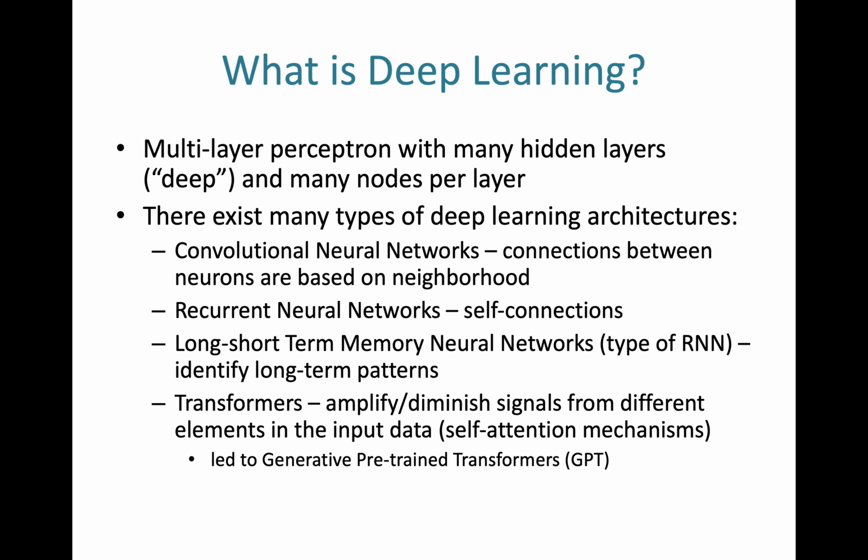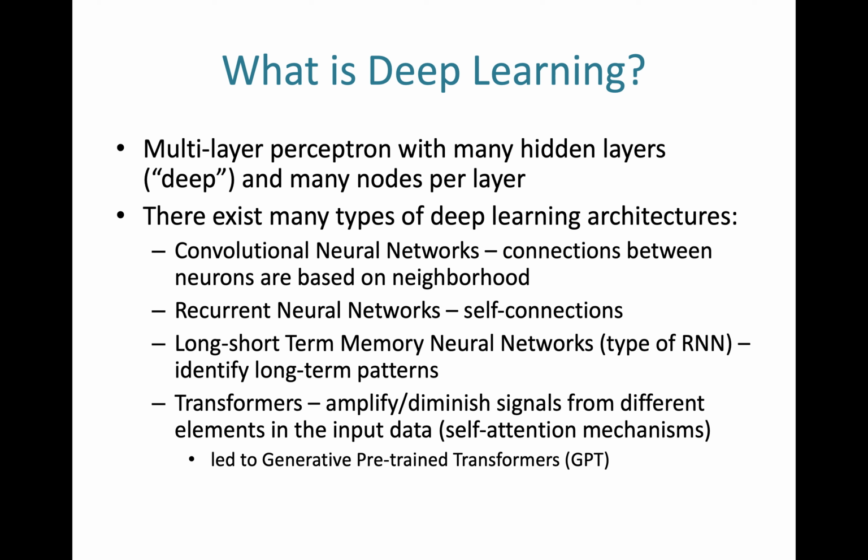Now let me finalize the multi-layer perceptron section by talking a little bit about deep learning. Deep learning is nothing else than multi-layer perceptrons that have a lot of layers with a lot of nodes or neurons per layer, and that also have been designed in a way that changes sometimes the way the nodes are connected, sometimes the way the layers are connected, or how the input is manipulated, right?